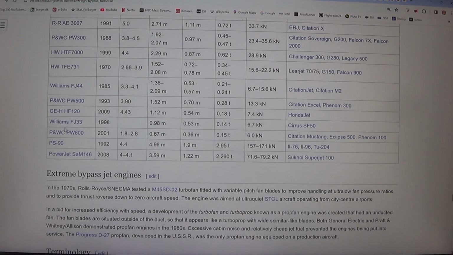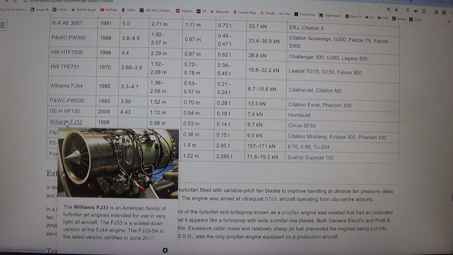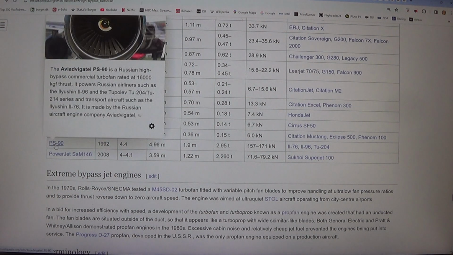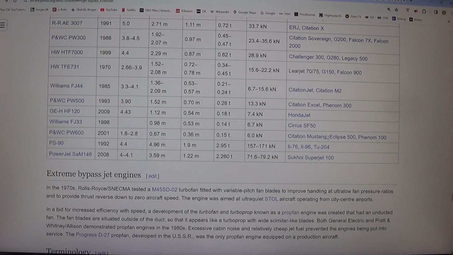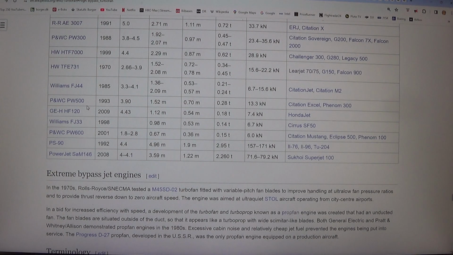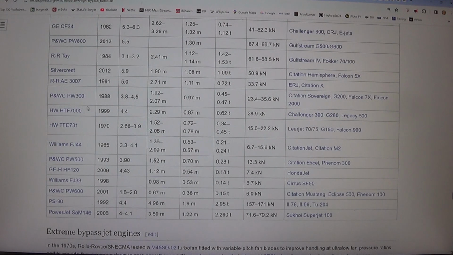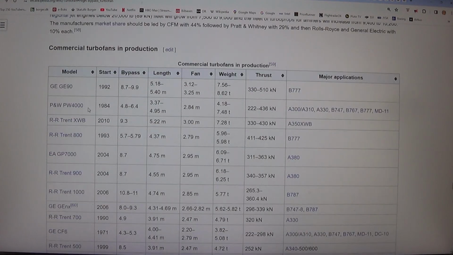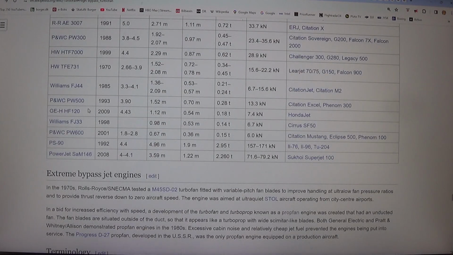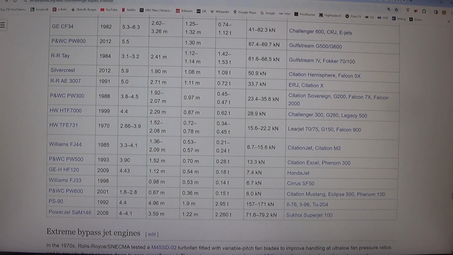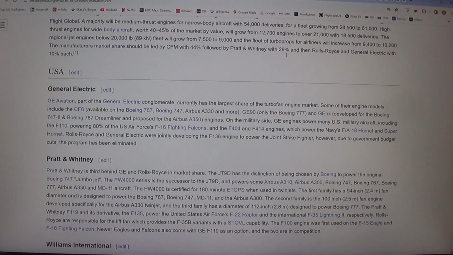R Trent XWB 2010 9.35.22 M3.00 M7.28 T33430 KN a 350 XWB. R Trent 800 1993 5.75.79 4.37 M2.79 M5.96 5.98 T411.425 KNB 777.